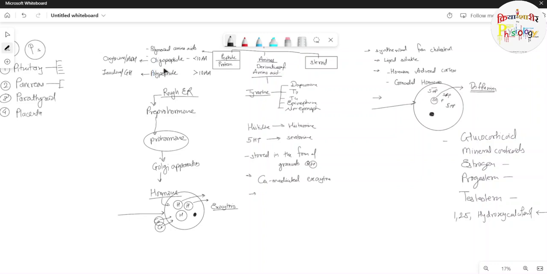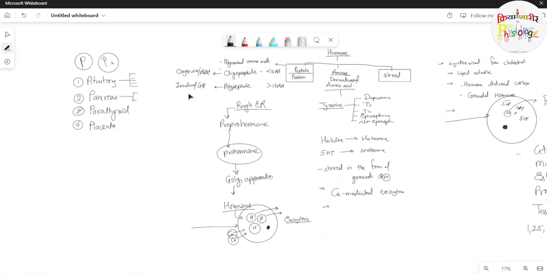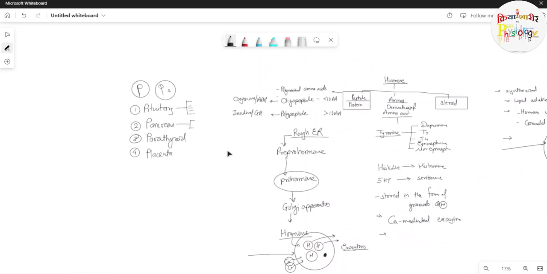Examples of oligopeptide: oxytocin, ADH. Polypeptide: insulin, GH. Okay. Examples of peptide hormones, these are to be remembered as PEAS. You can also remember the sentence: peas are rich in protein.